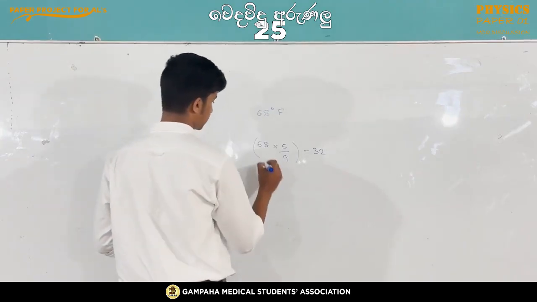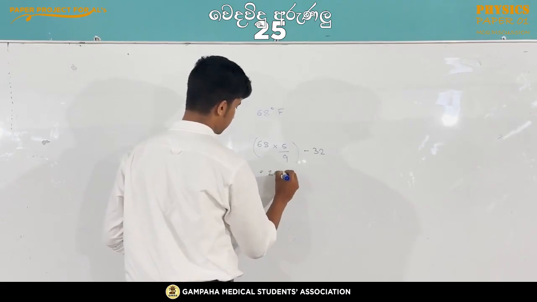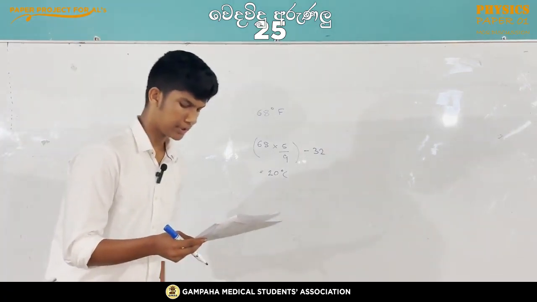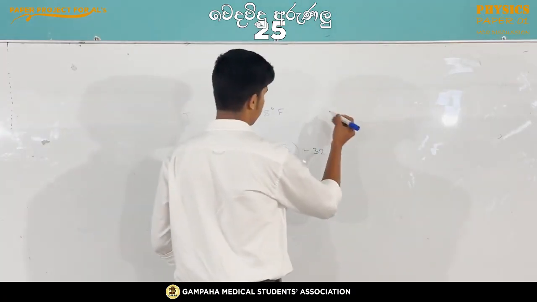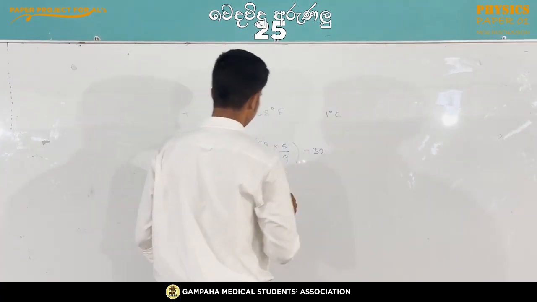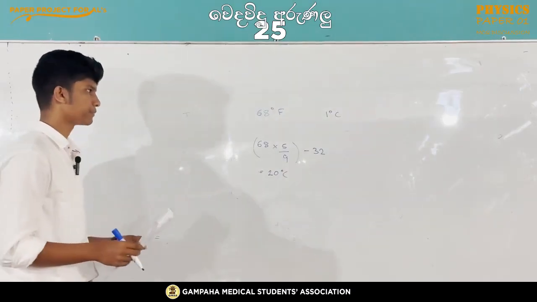Then the temperature in degrees Celsius will be 20 degrees Celsius. Then they have mentioned that the increment is 1.8 degrees Fahrenheit. So then the increment in degrees Celsius is 1 degree Celsius.